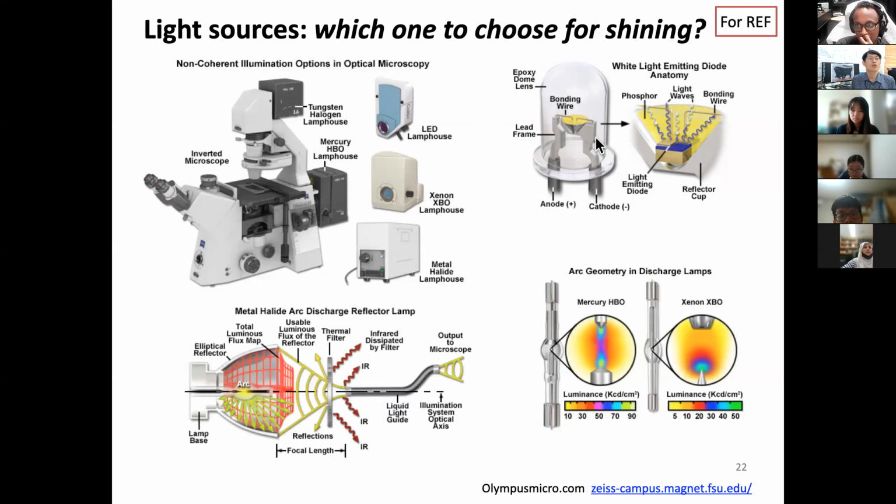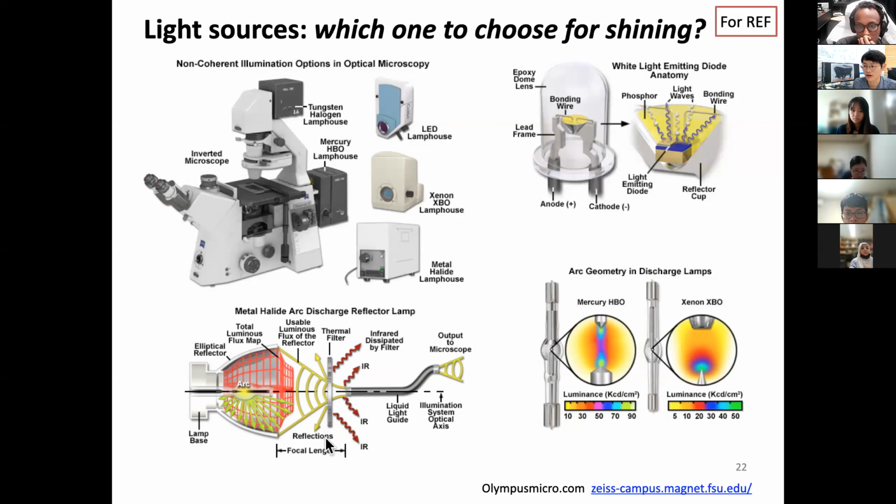Further, when you have a fluorescence microscope, or a very good commercial research-facility fluorescence microscope, you will realize the light source is usually now replaced with a metal halide lamp house. That looks like this. This is also arc discharging, with a nice reflector.